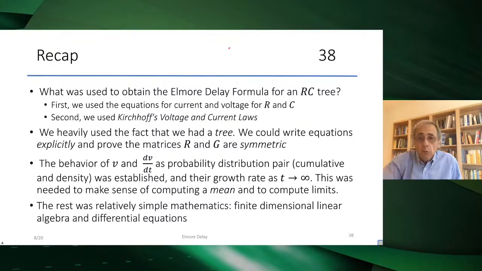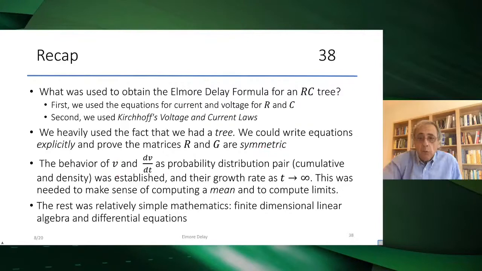So to conclude, what did we do here? We didn't use very much from electrical engineering, except of course the most basic statements: what is a resistor, what is a capacitor, Kirchhoff voltage and current law. We heavily use, of course, the case of a tree that was used several places, explicitly the symmetry of the matrices.